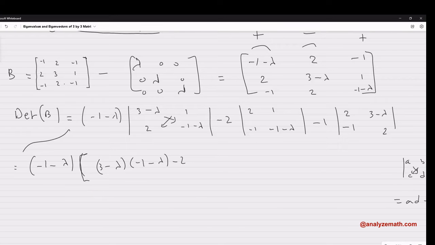Now I think it's better if we use a square bracket to avoid any confusion. So 2 times negative 1 minus lambda, and then negative 1 plus 1, and then this negative 1 here, let's go down to have more space. 4 minus this product, it becomes plus 3 minus lambda. Check it.